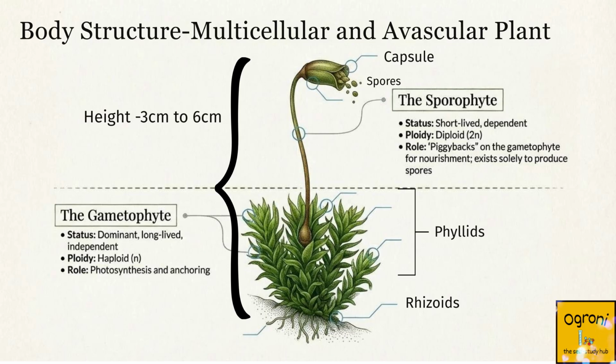That is, they lack xylem and phloem vessels. The plant body is divided into two parts. One, gametophyte, which is the main and dominant plant body. Two, sporophyte, which is short-lived and dependent on the gametophyte.